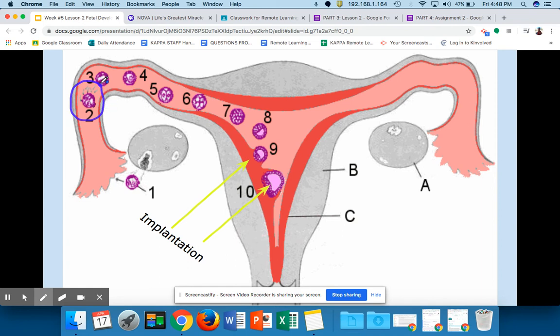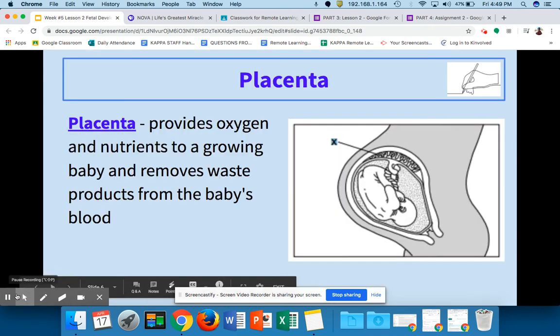The fertilized egg travels down the fallopian tube and implants itself in the uterine wall around day 9. So these numbers are counting the days from ovulation. And then the embryo will start to grow with something called the placenta. So let's see what the placenta is.